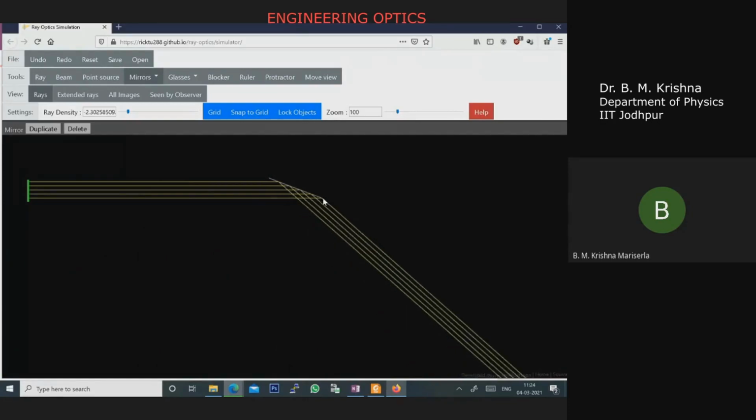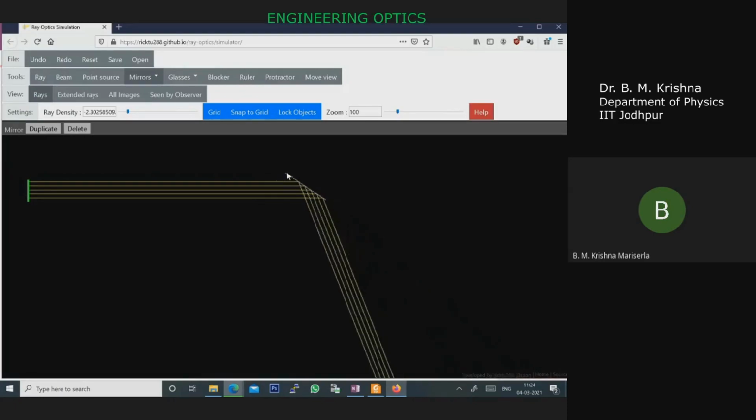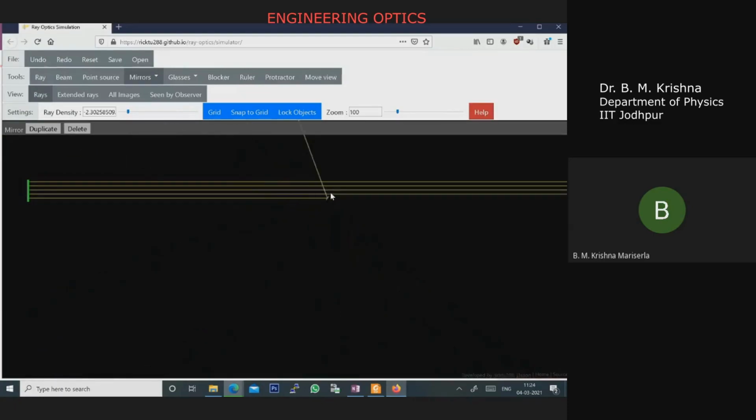For example, with the given size of the mirror and the given beam diameter, you have access up to roughly maybe 120 to 140 degrees, and similarly you can do it for the other direction also.